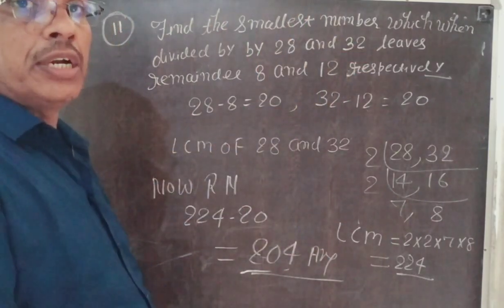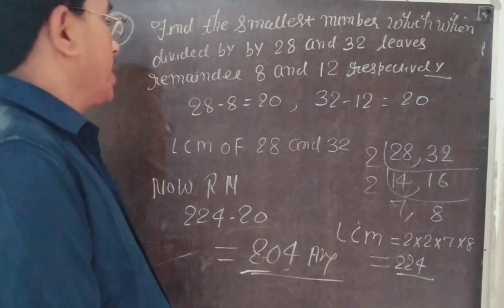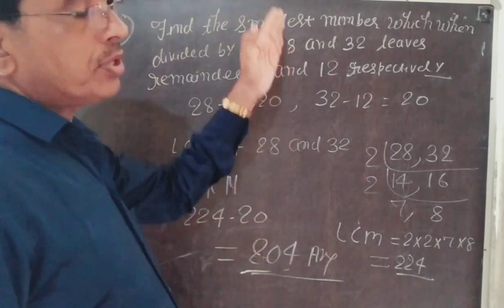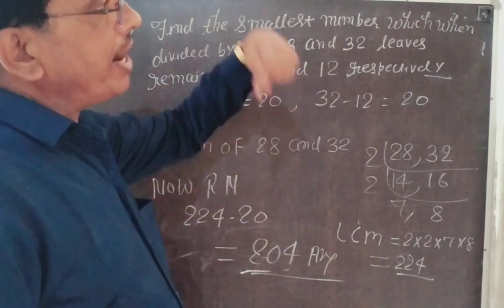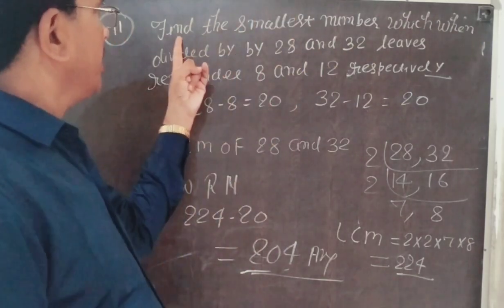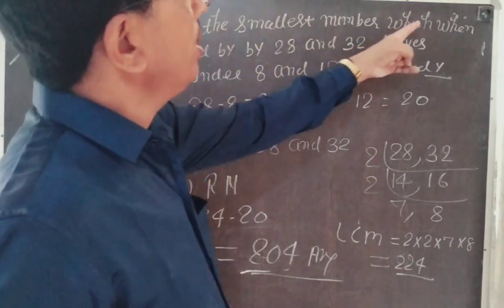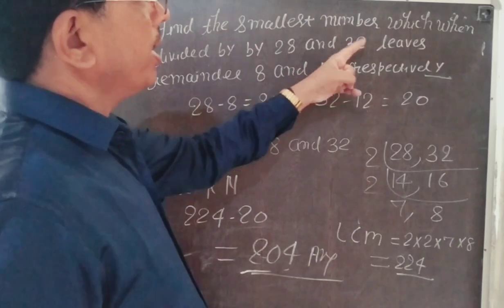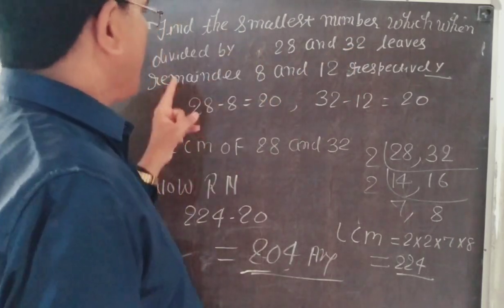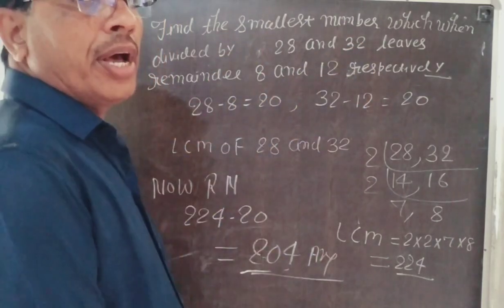Before this I solved question number 9, where the number was the greatest number that divides, but here this number is divided by that number. Right? Clearly, find the smallest number which when divided by 28 and 32 leaves remainders 8 and 12 respectively.